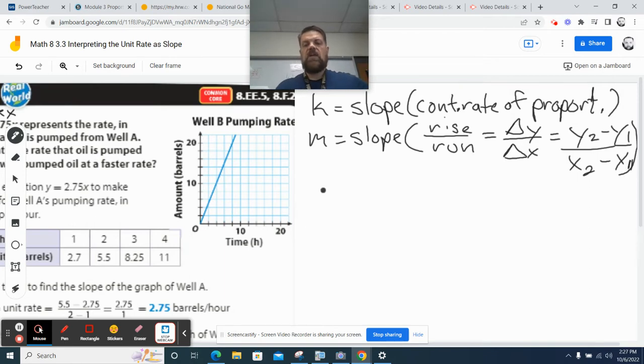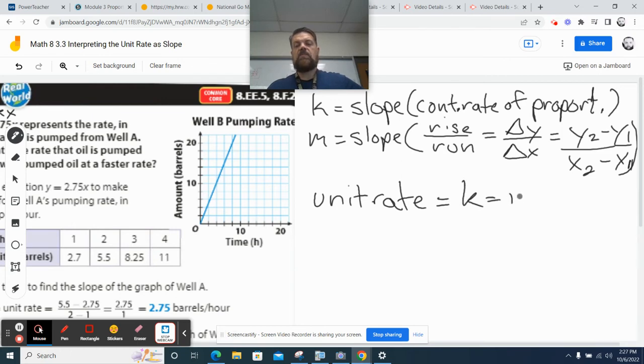Okay. And sometimes we can call that the unit rate, which can be k, which can be m, which we'll sometimes refer to as the slope.